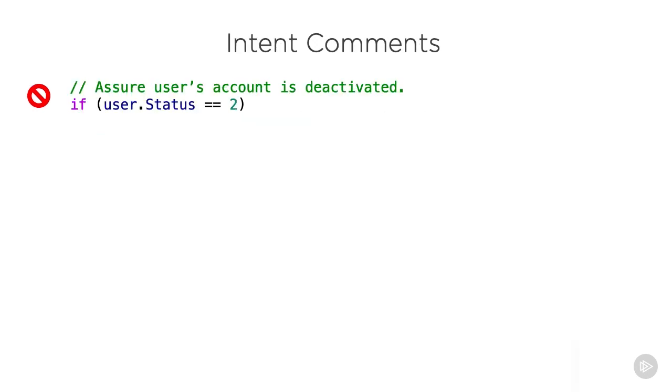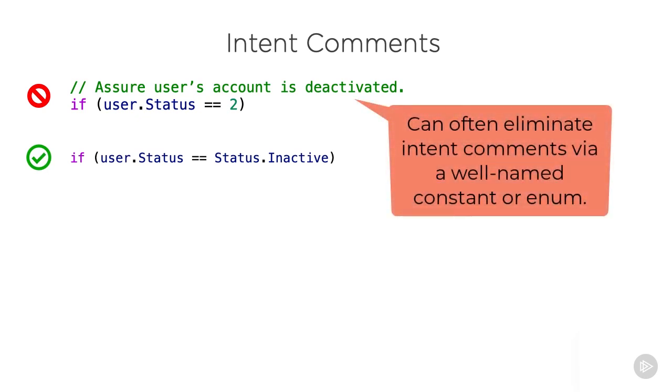Throughout the course, we've discussed the merits of conveying your intent in code where possible. In this example, the developer is using a comment to clarify what the magic number 2 stands for. This is easily refactored out via a well-named constant, or in this case, an enumeration. Now the code clearly conveys intent, no comment necessary.